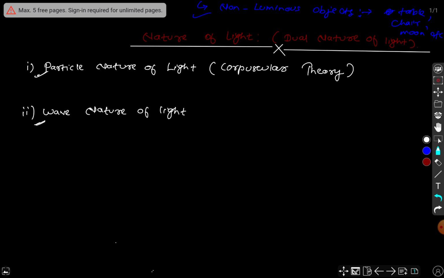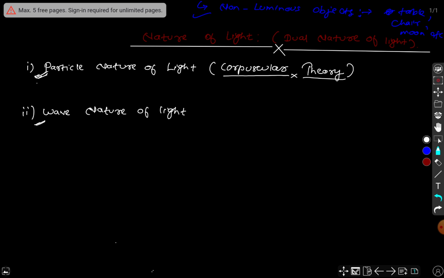Particle nature of light says that light is made up of particles in the same manner as the objects or the matter are made up of particles, and this particle theory of light was given by Sir Isaac Newton, which was also known as corpuscular theory.